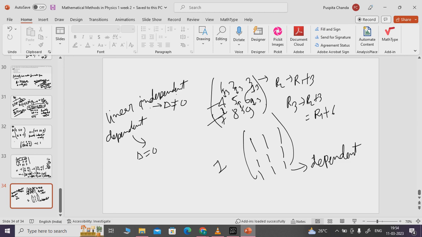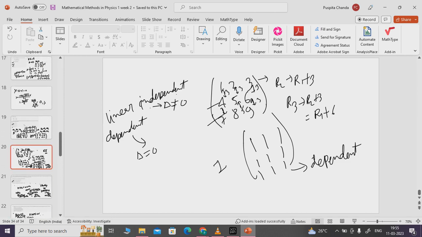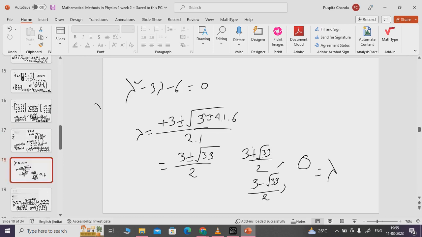That's it. You don't have to do row reduction and other multiplication and all that. Simply follow, expand the determinant and put the value of the determinant.